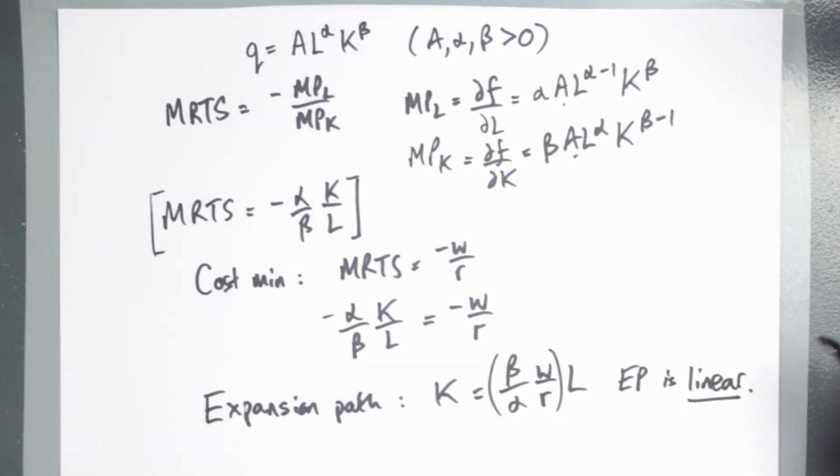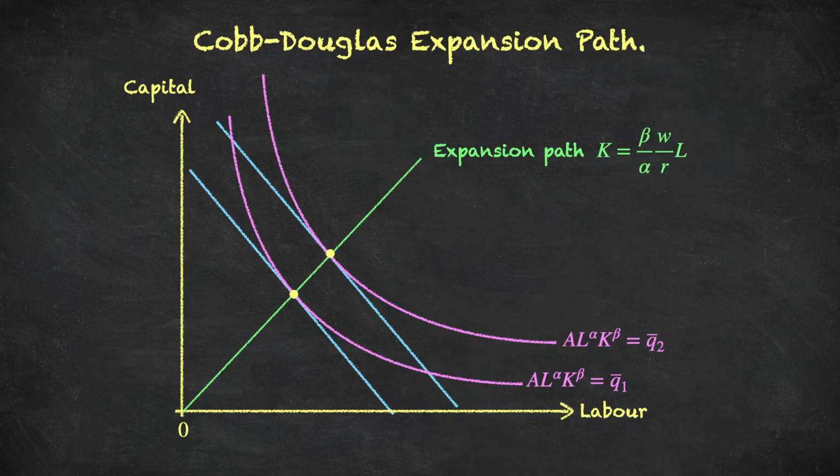So I've produced the diagram here. If we have a look at it, the two purple curves are two different isoquants, which are tangent at these yellow points to isocosts. So the lowest of these yellow points solves the cost minimization problem when the target output level is Q bar 1.